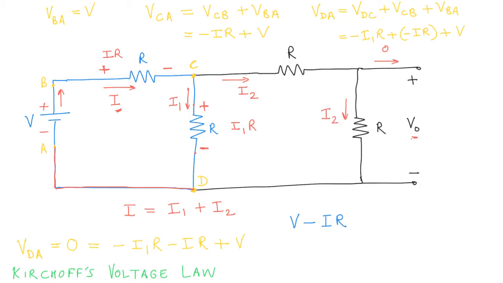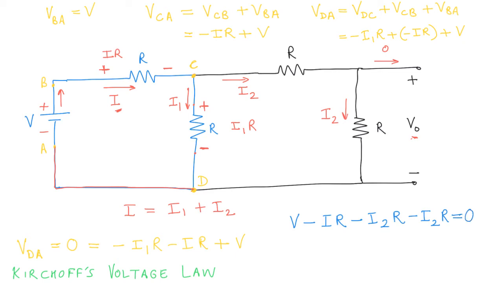The resistance is R. So the drop is going to be minus I2 times R. And similarly, if you look at this resistance, again the drop is going to be I2 times R, so we write again minus I2 times R. And if we do that, we have reached the point that we started out with, the end of the loop, and therefore this entire equation will be equal to 0.